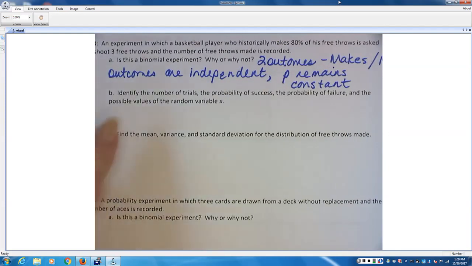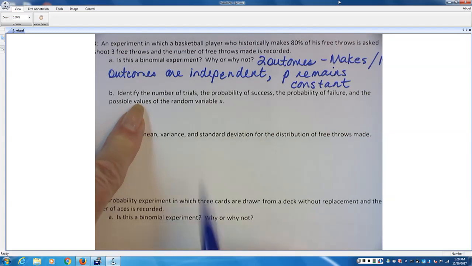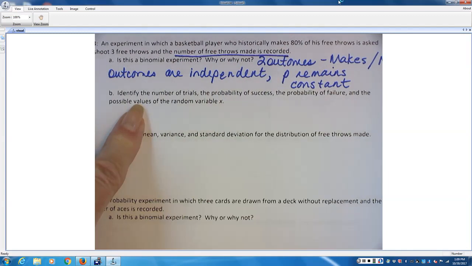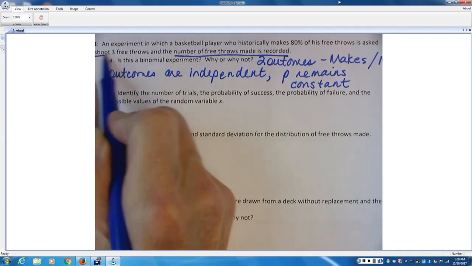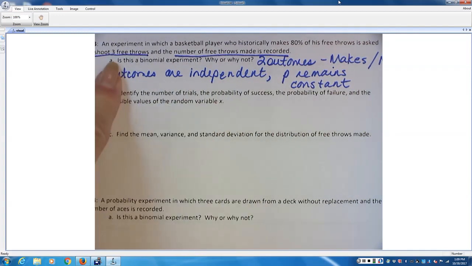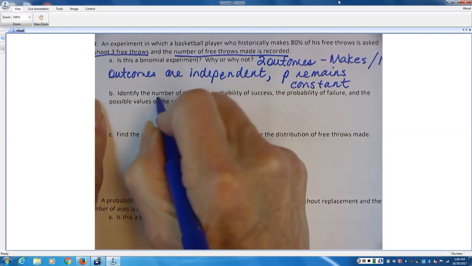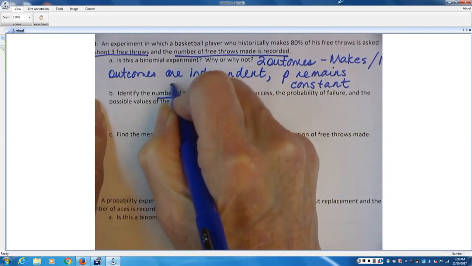So then we need to identify the number of trials. How many free throws is he going to make? He's going to make 80% of his 3. So the number of trials is going to be 3 free throws.